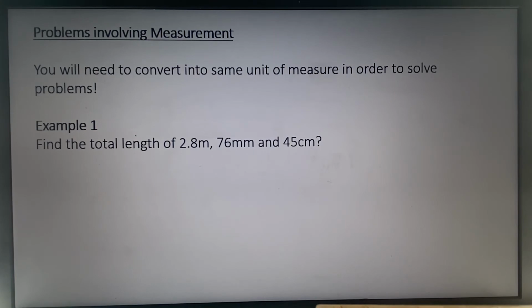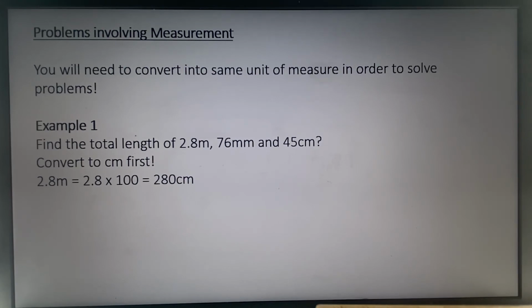So what we're going to do is convert the 2.8 metres and the 76 millimetres into centimetres. And that's the most sensible one to convert into. Centimetres is in the middle of both of those, so it's easy to convert the other 2 into centimetres. And then we can find the total length. So 2.8 metres first of all.